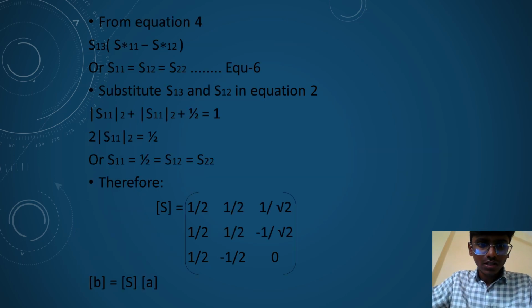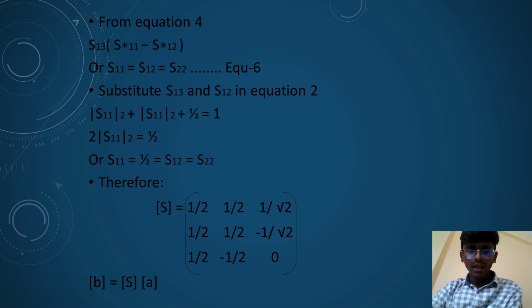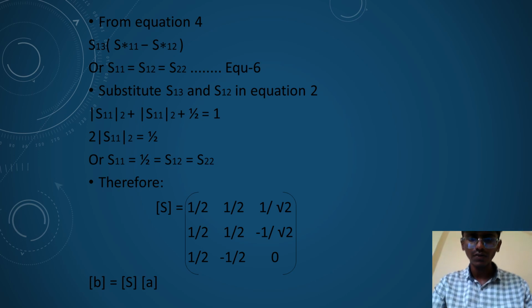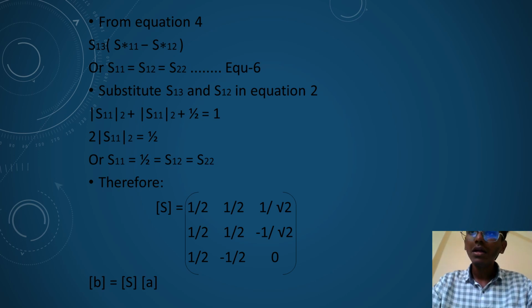From equation 4, S13 into (S star 11 minus S star 12) is zero, so S11 is equal to S12. Together with S22 equal to S11, consider this as equation 6. Substitute S13 and S12 in equation 2: S11 square plus S11 square plus (1 by root 2) whole square, which is 1 by 2, is equal to 1.